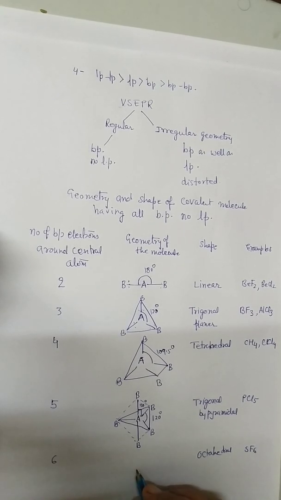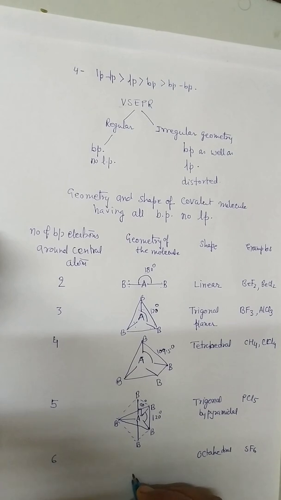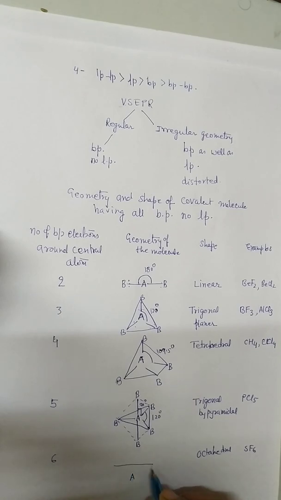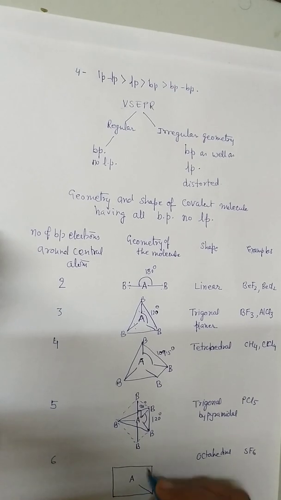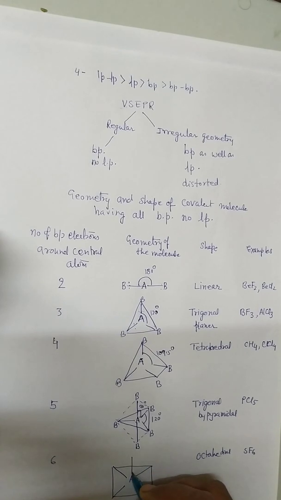The shape is like that, central atom in the center and all the surrounding atoms, or you can say side atoms, are towards the corners of the octahedron, and all the angles are 90 degrees.